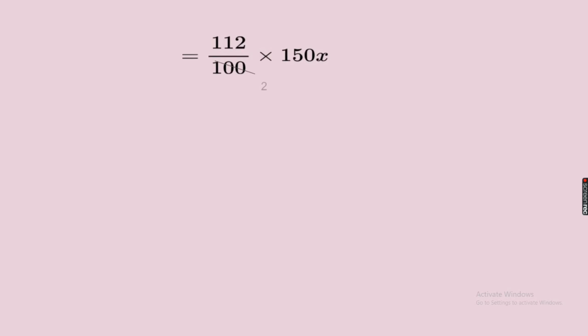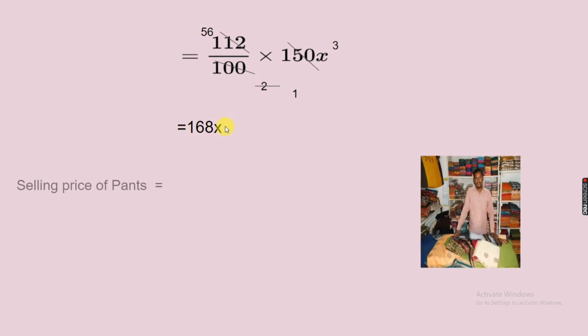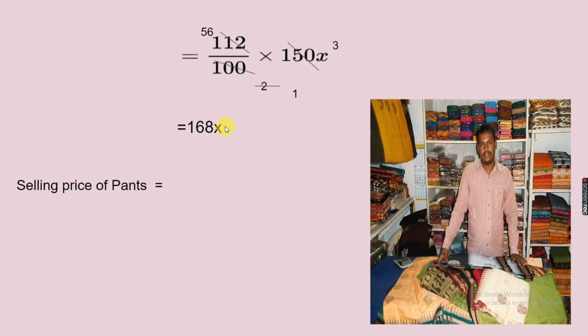Dividing 100 and 150 by 50, 2 and 3 remain. Dividing 112 by 2, we got 56. Multiplying 56 with 3, we got 168X. This is the selling price of shirts, 168X rupees.